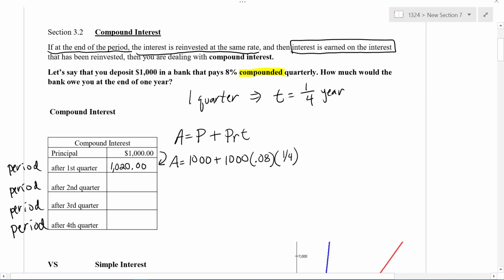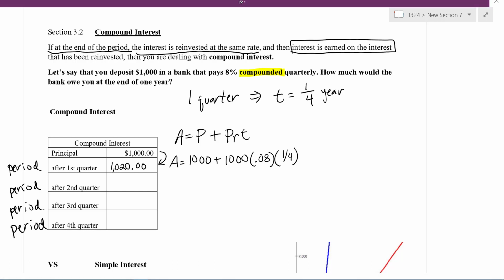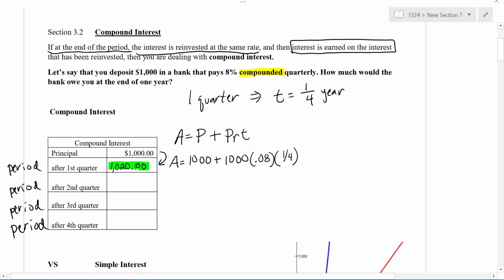Now here's what happens as we go into the second quarter. The money that we bring in as the principal is actually going to be the original principal and the interest that we earned during the first quarter. So the $20 that we earned during that first quarter now becomes part of the principal for the next quarter.